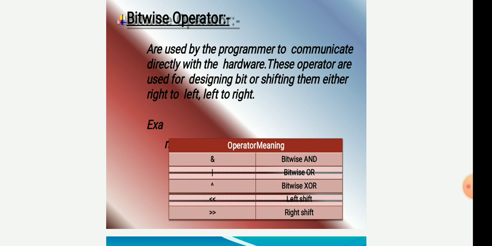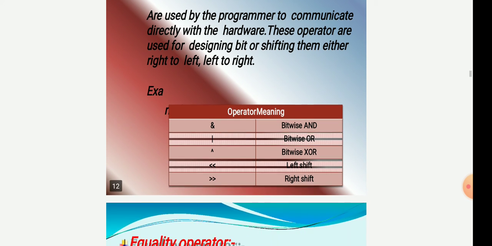In this operator shifting is performed, either shift from right to left, or shift from left to right. So these are our various bitwise operators, just like bitwise AND, bitwise OR, bitwise XOR, then left shift, then right shift. So these all are our bitwise operators.